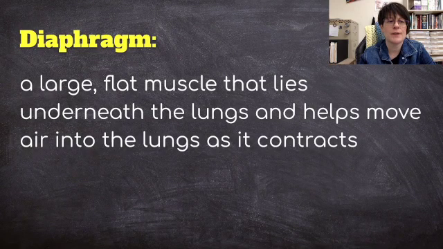There's also the diaphragm. This is a large flat muscle that lies underneath the lungs and helps move air into the lungs as it contracts. So a lot of times, say in music class, you're told to breathe from your diaphragm because that helps you to breathe deeply using that muscle.